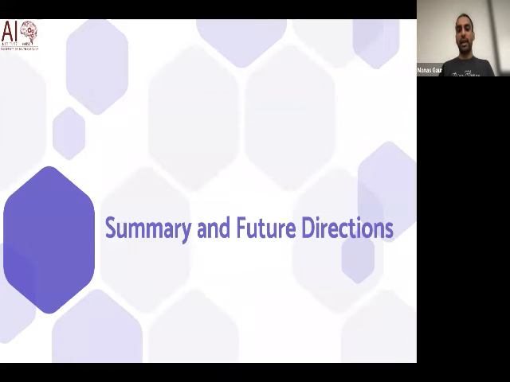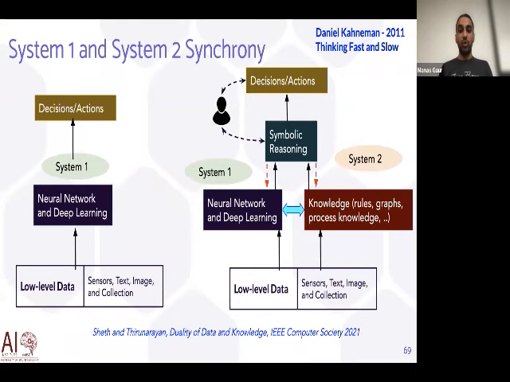So with this, I want to lay down the future directions, and where we are with this tutorial, what we just delivered today. We showed you a fascinating way of incorporating knowledge into your models, not only knowledge graphs, but various other forms of knowledge.